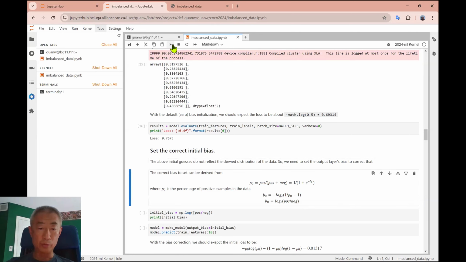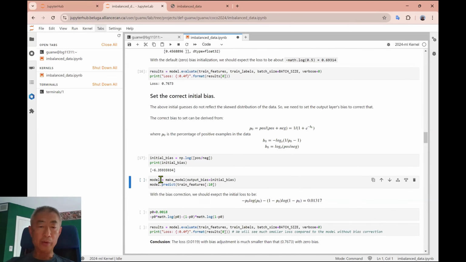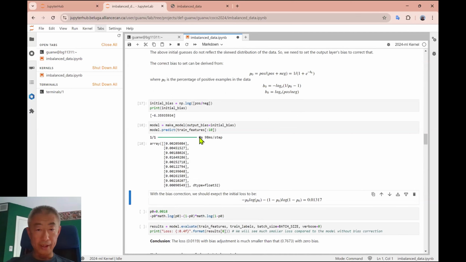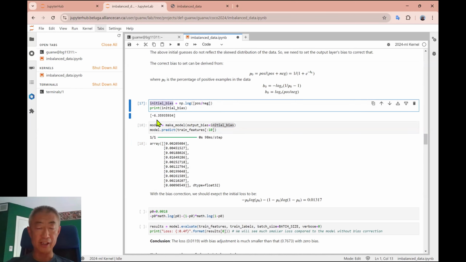All right, so we just did it. We calculate it, and we see that we need to set our bias. The value is minus 6.335 or something. So what we did is we make the model, and in the model we give the bias that we just calculated, which is minus 6.35.